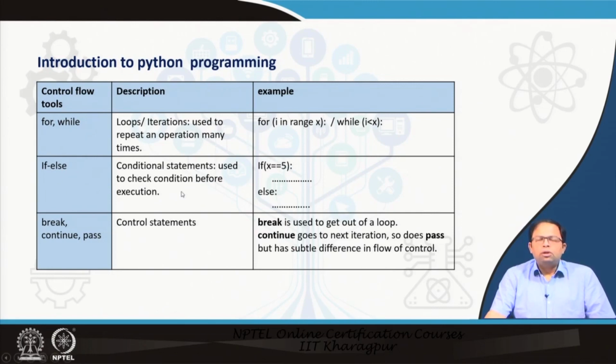And there are if-else statements as well, which are conditional statements. If something is happening, then do this, else do this. If some condition matches, then do this, else do this. And then we have got break, continue, pass. These are control statements. These help us to actually get out of a loop or continue with the next iteration and so on.